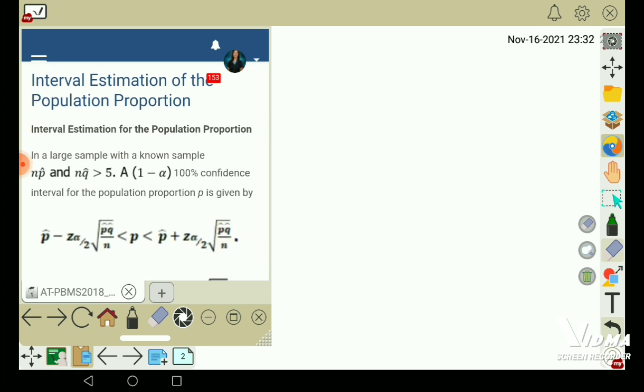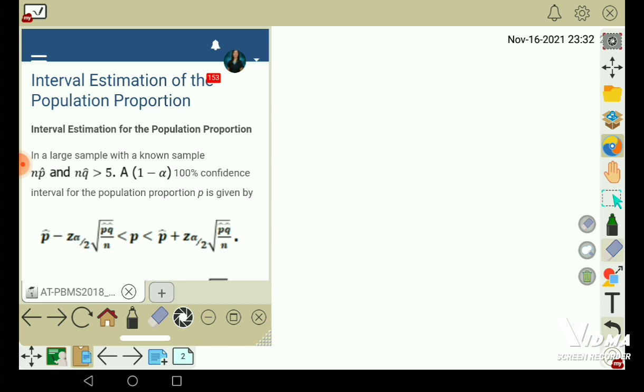Take note that we are using here the central limit theorem, whereas we are always assuming that our sample size is large enough. So in a large sample, we have n times p hat and n times q hat should be greater than 5. Then 1 minus alpha times 100% is the confidence interval for the population proportion p.